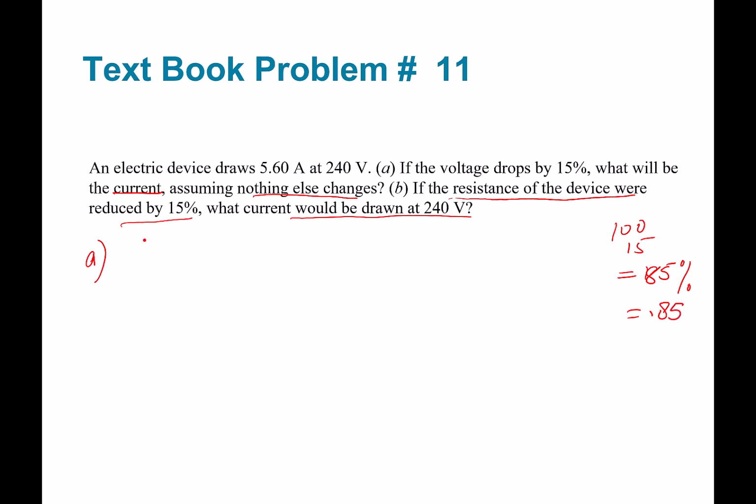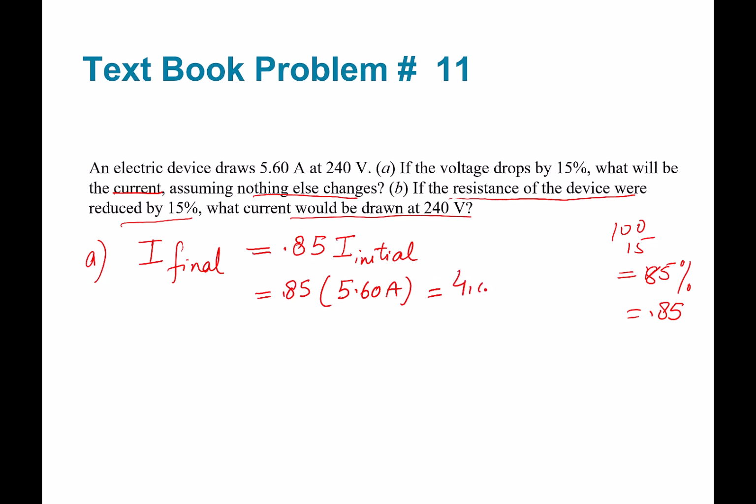So I final, if I drop by 15%, is 0.85 times I initial, which is 5.60 amps. So the final current is definitely lesser, which is 4.8 amps.